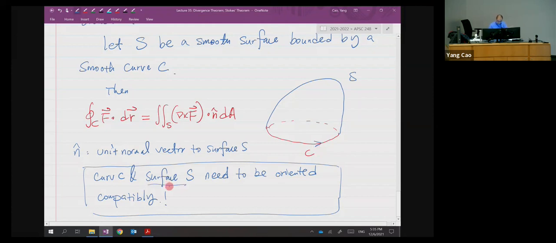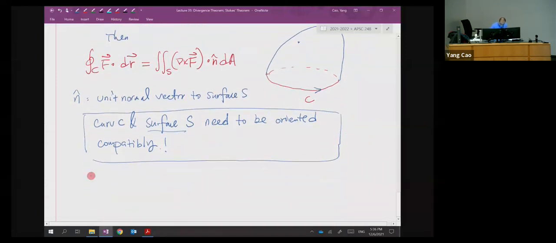Then the sentence says the surface S needs to be oriented compatibly with the curve C's orientation. That basically means you need to pick a direction of n hat so that its direction is compatible with the curve C. This compatibility uses the so-called right-hand rule.